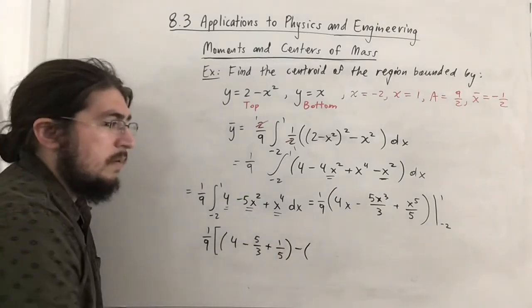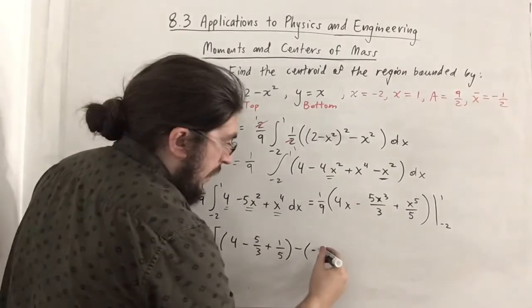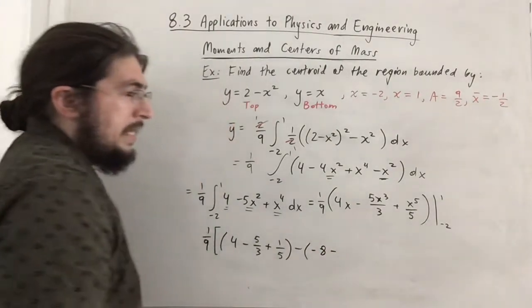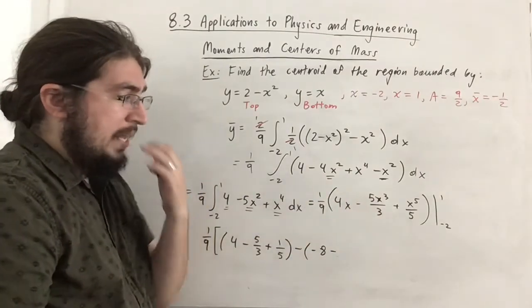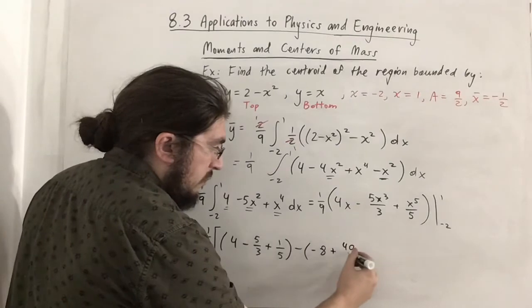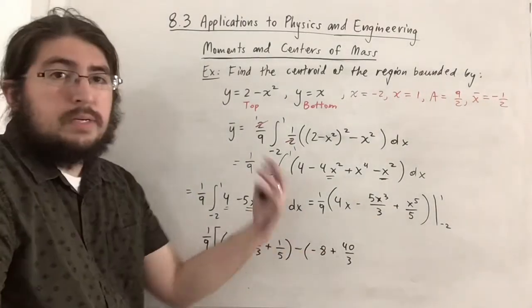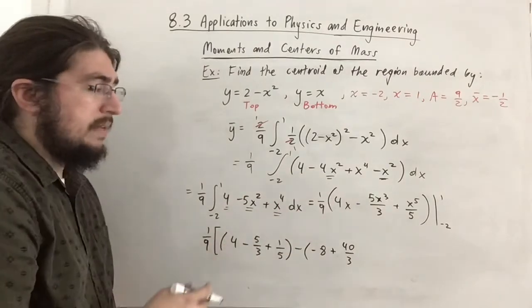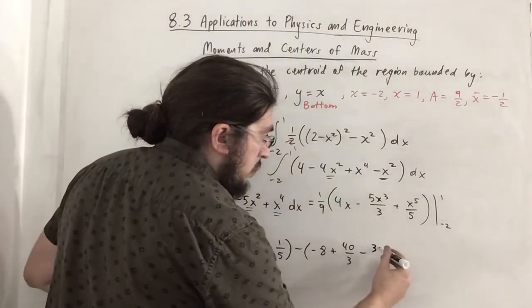Minus, for the second evaluation, 4 times -2 is -8. Minus, -2 cubed is -8, times 5 is -40. So that's going to be minus -40, in other words, plus 40 over 3. A negative number to an odd power is negative, so -2 to the 5th is -32. So it's minus 32 over 5.